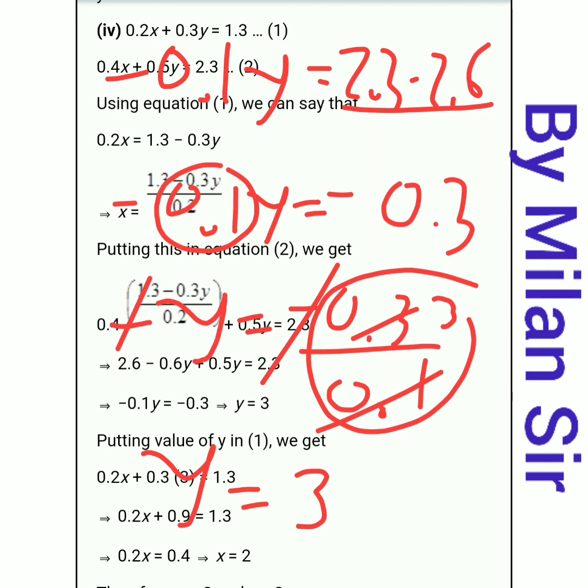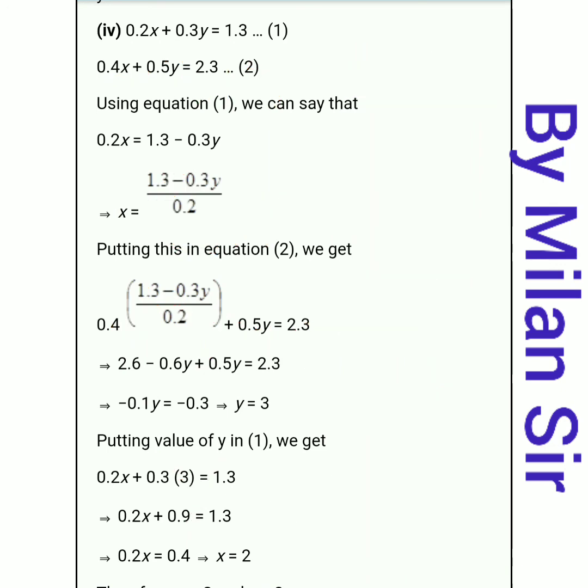Now we need to put this value in our equation number 3, right? That means whatever equation we found the value of x from, the first equation, at that time we need to give it equation number 3. Now put y equals 3 in equation number 3, so that we can get the value of x.